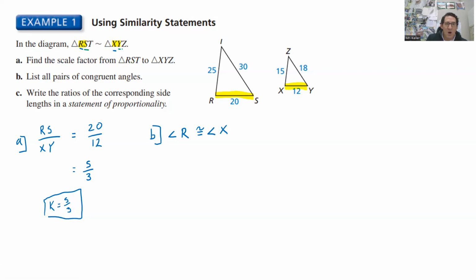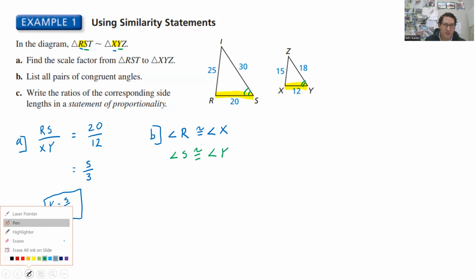S and Y are listed next. So angle S is congruent to angle Y, and we can see that in the diagram as well. I should mark these off as I do that with the congruency arcs. And so T is congruent to Z.